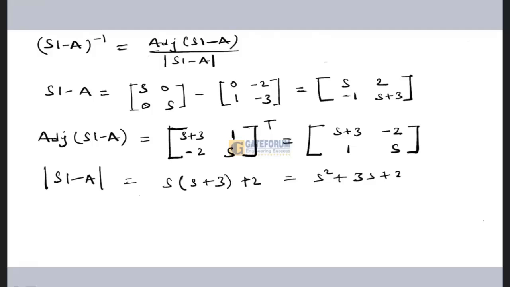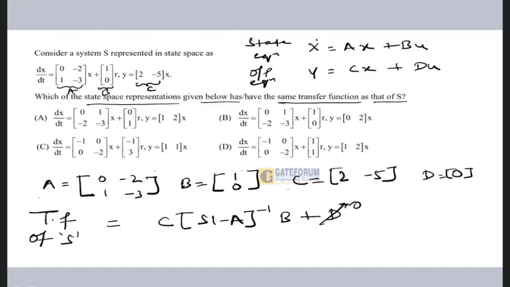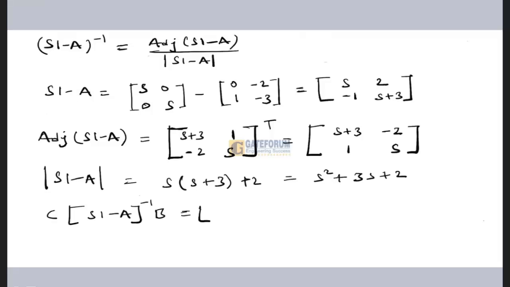Right? So this particular part, what you are getting? C into (sI minus A) inverse into B. C was [2, minus 5]. (sI minus A) inverse is the adjoint of (sI minus A), that is [s plus 3, minus 2; 1, s].